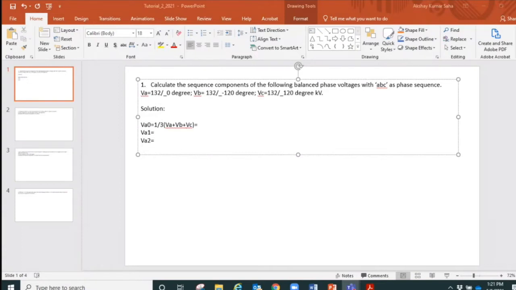So yes, would VA0 be equal to 0? Yes. Can the others confirm that they are getting it 0? You can put your microphone on, or you can write in the chat. Who got it 0?